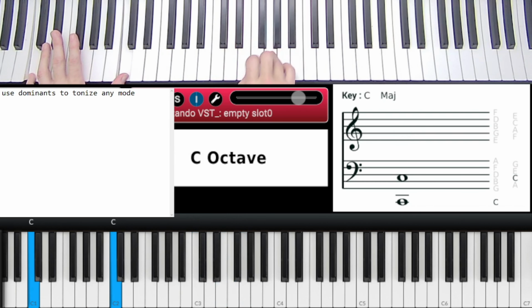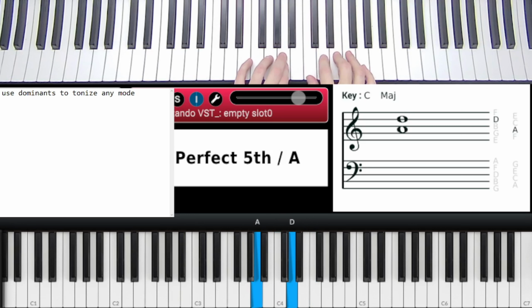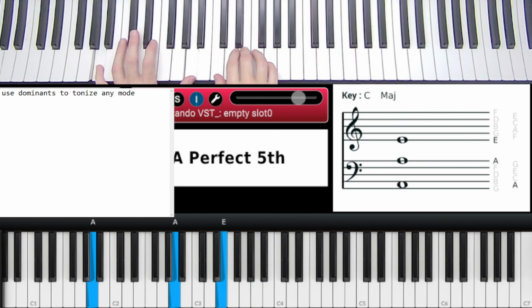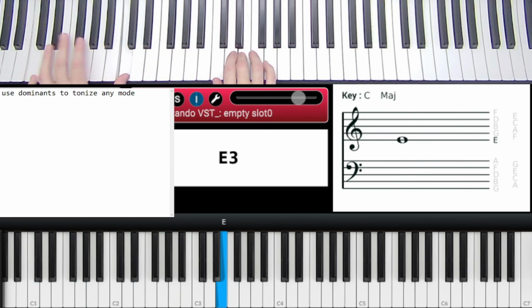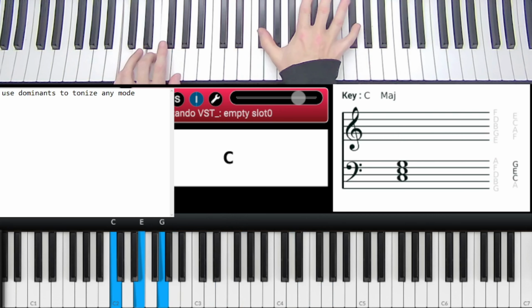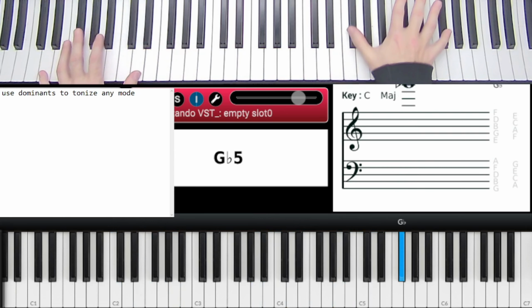We tonicized the 1 chord of C Lydian. So let's play musically with it. So I tonicized that 1 chord, but instead I chose C Lydian as the new 1.